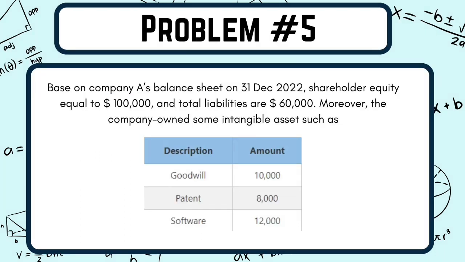Based on Company A's balance sheet on December 31, 2022, shareholder equity is equal to $100,000 and total liabilities are $60,000. Moreover, the company owns some intangible assets such as goodwill 10,000, patent 8,000, and software 12,000.